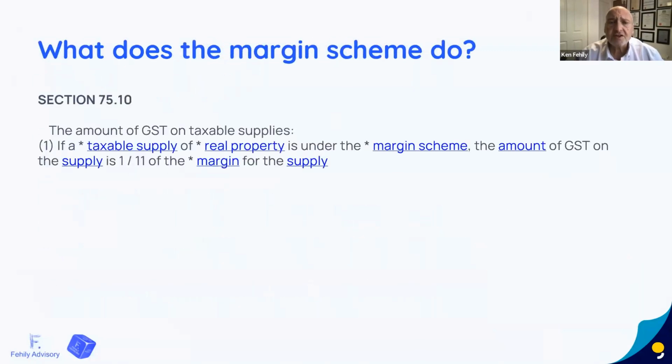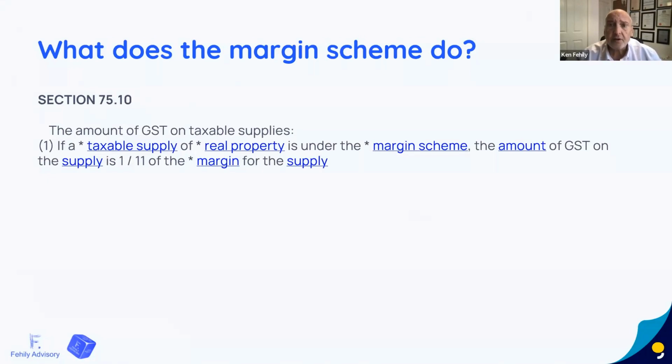What does the margin scheme do? It might not be what you think. Section 75.10 follows 75.5, believe it or not. It's the amount of GST, because the word amount is not what you pay for the property, it's not what it cost, it's not what you sell it for. The amount, which we'll come to shortly in 75.10, is the amount of GST that's payable.